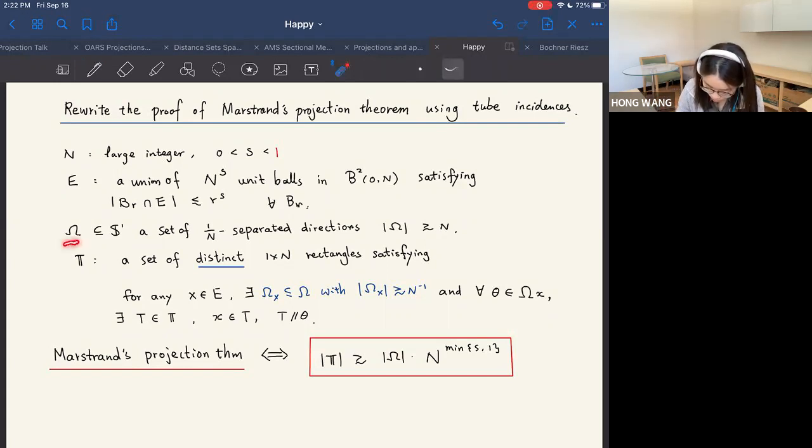And let omega be a subset of the unit circle, which is a set of 1 over n separated directions, and the cardinality of omega is about n. So this is like omega.